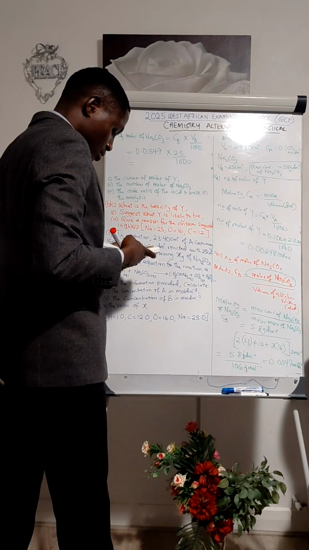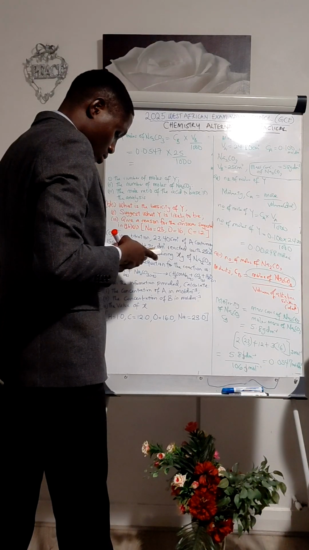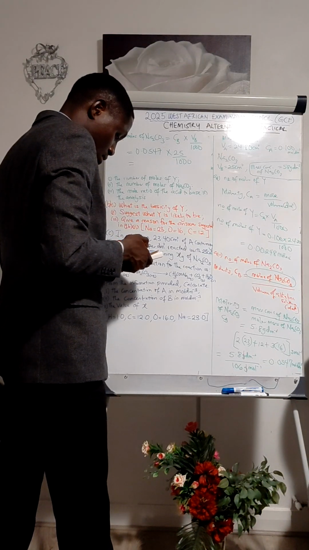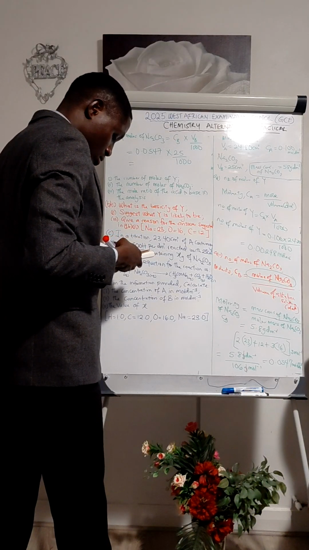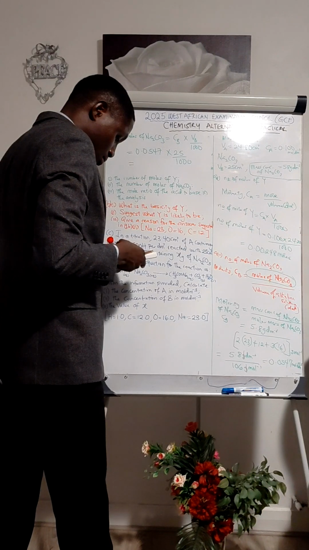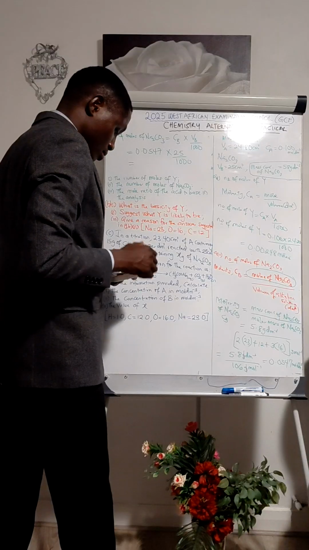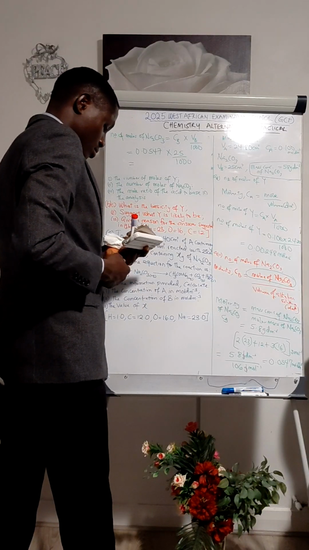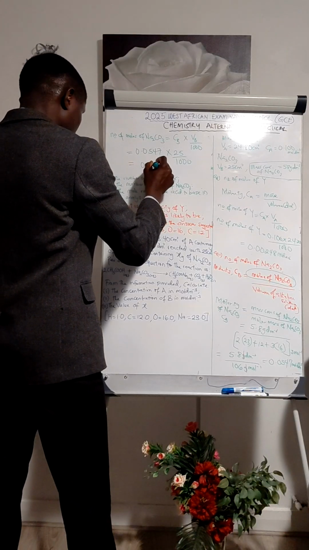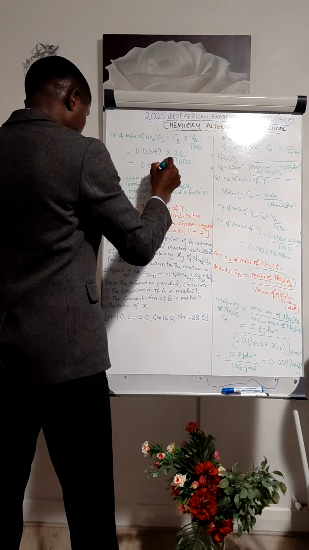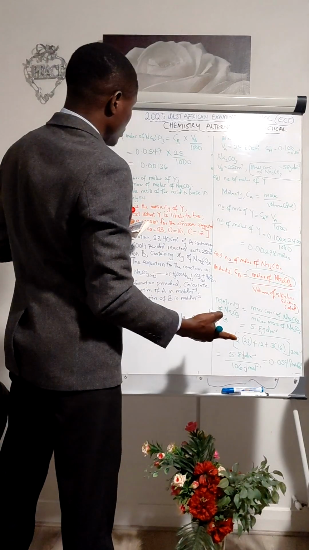So answer now, we're going to have 1 point, and then divided by 1000 now. So we're having 0.00136. You can leave it to 4 decimal places.